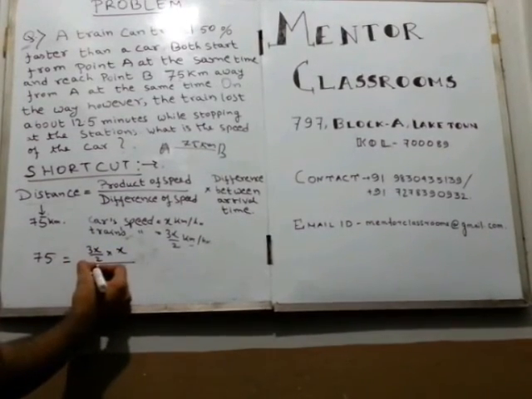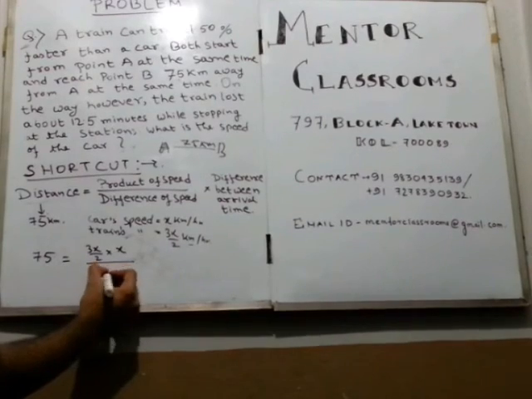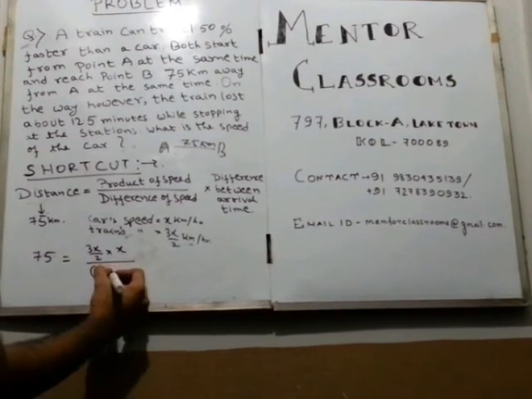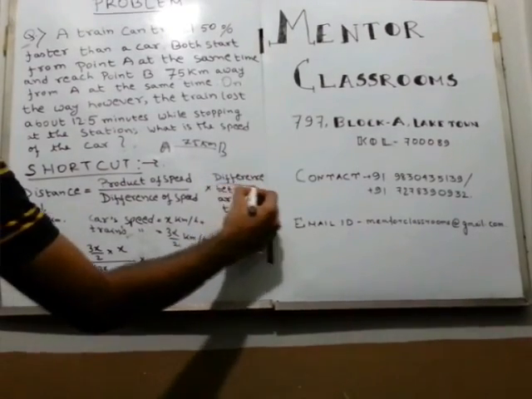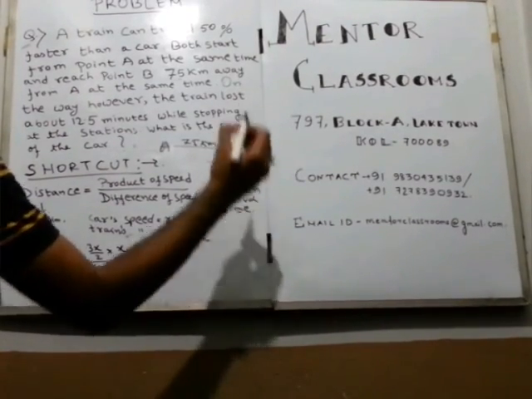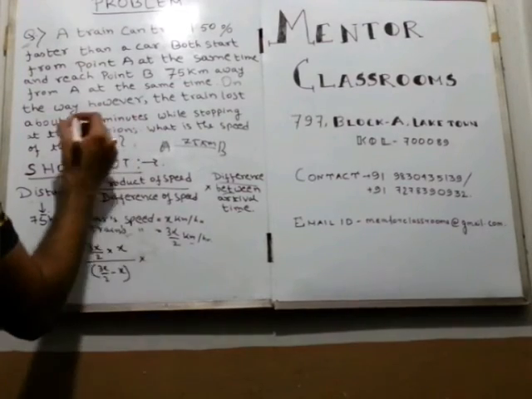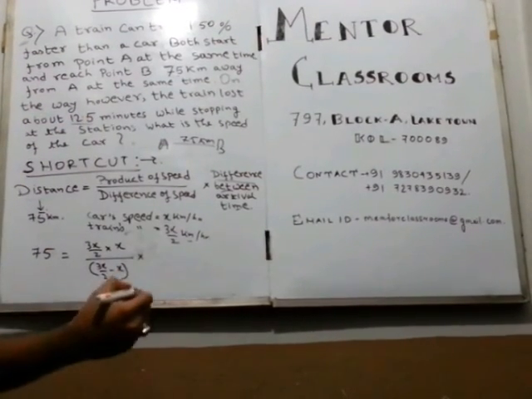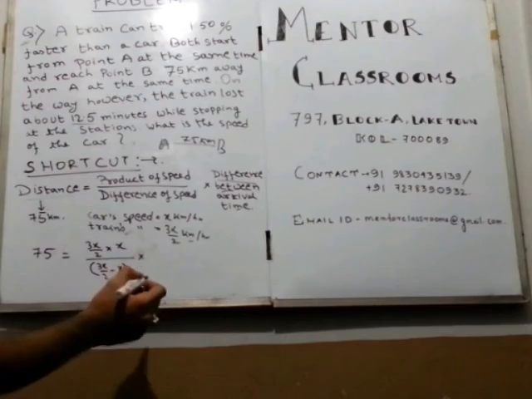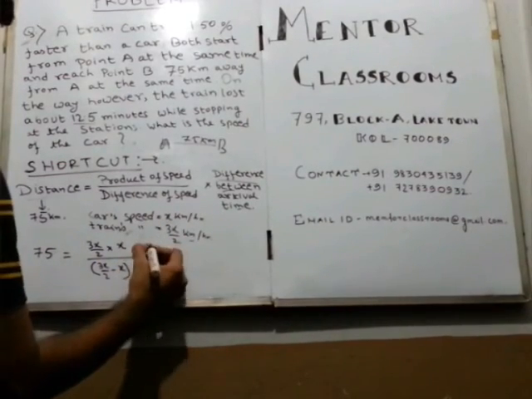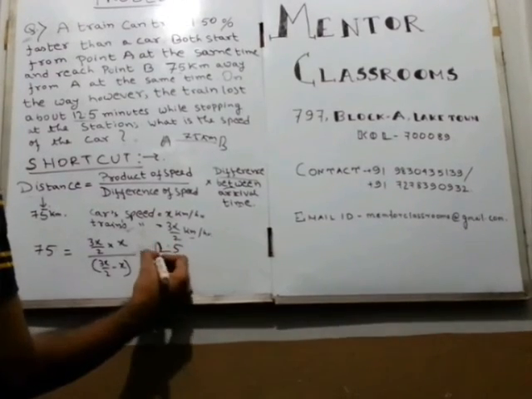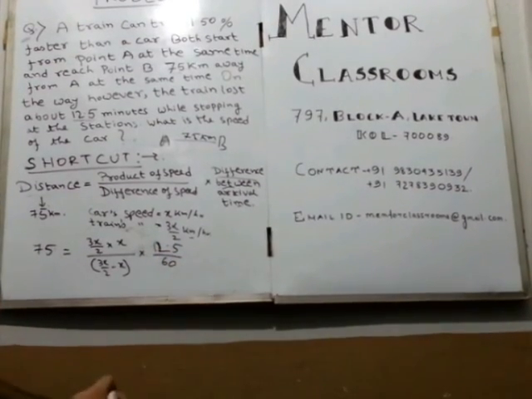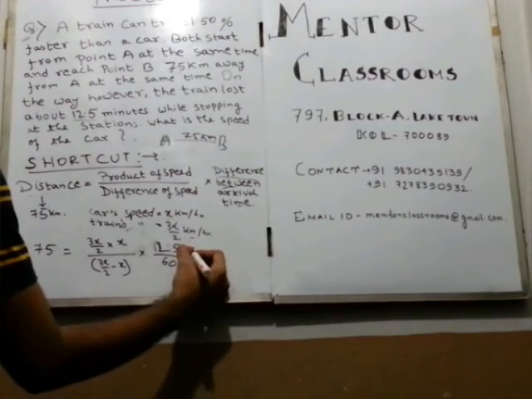Now the difference of speed, 3x by 2 minus x, multiplied by the difference between arrival times. Now the difference between arrival time is 12.5 minutes, meaning you have to convert it into hour: 12.5 by 60.